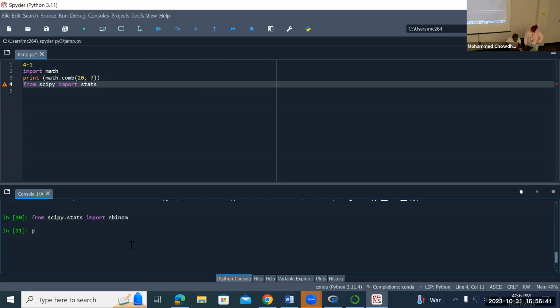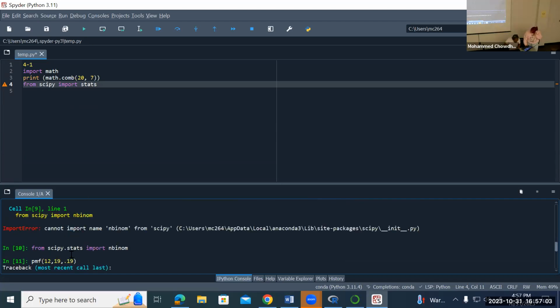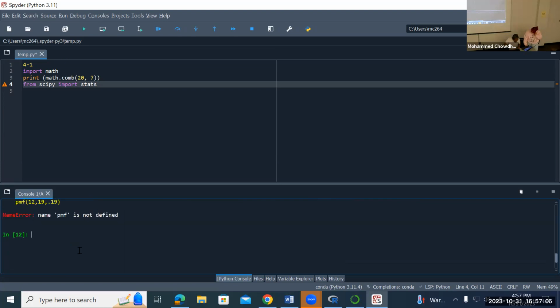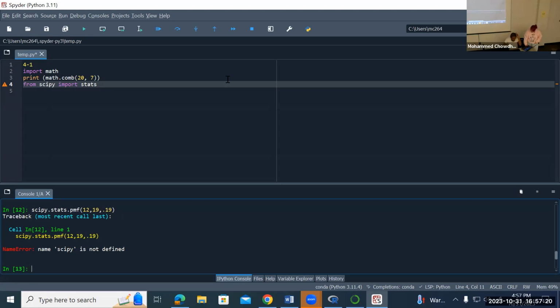Just the PMF: nbinom.pmf, x equal to failures. Failures is 12, n equal to 19, and p equal to 0.19. I think so. See. No, it didn't work. Okay.